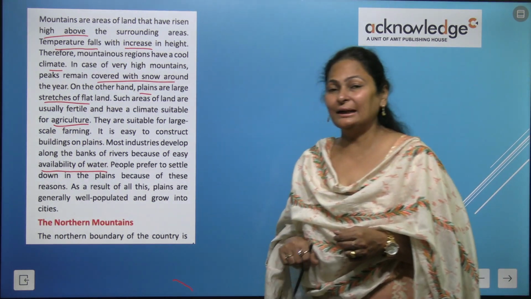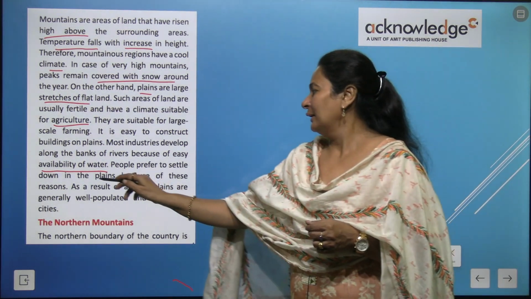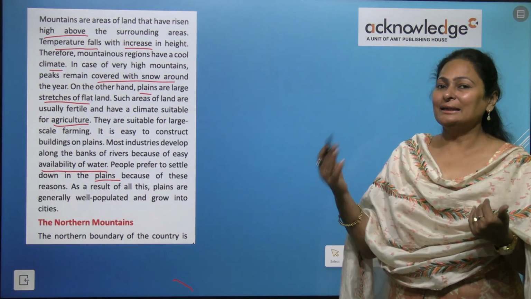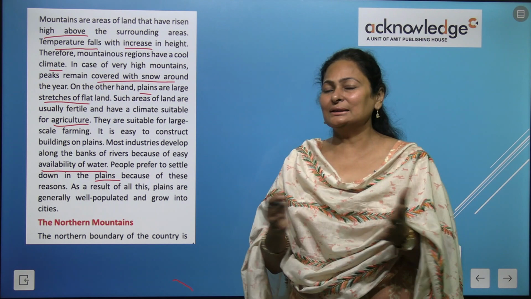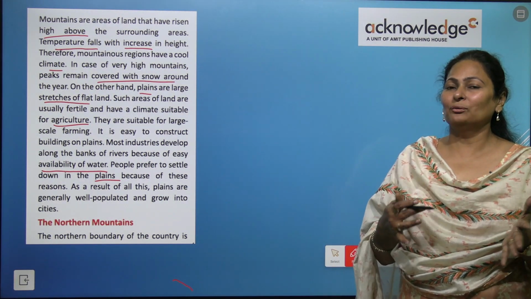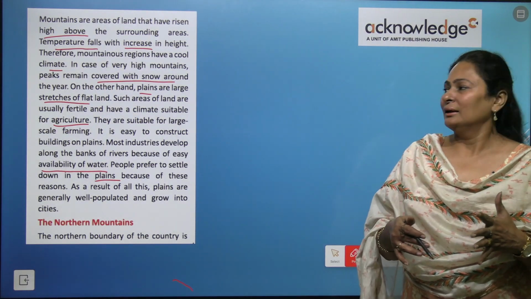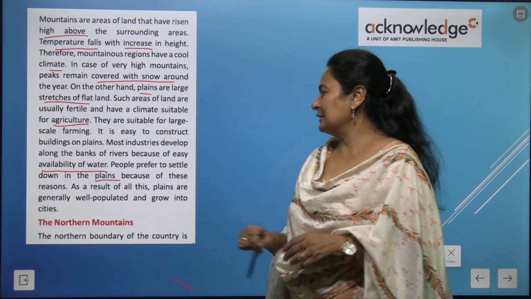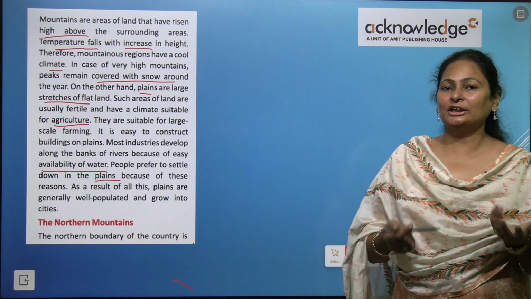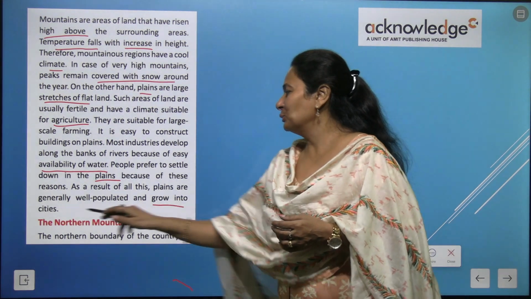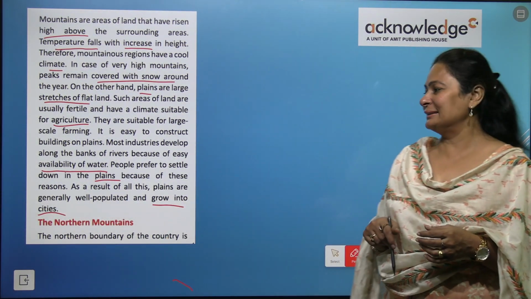People prefer to settle down in the plains for many reasons, like it is easy to construct, the temperature is suitable for us, crops can be grown, and water and food availability is quite good in the plains, right? As a result, plains are generally well populated and grow into cities, right?